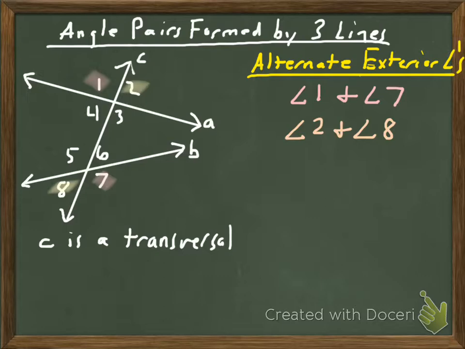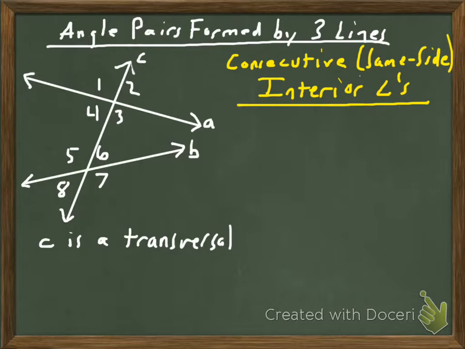There's two more types of angle pairs we could talk about, but one more that is really going to be relevant to you. That other type of angle pair is called consecutive or same side interior angles. Let's take a look. So we're back at talking about interior angles, the angles that are between the two lines A and B. But when we're talking about consecutive or same side angles, we're talking about angles that are on the same side of the transversal as one another.